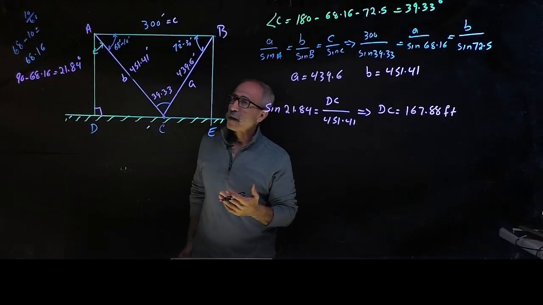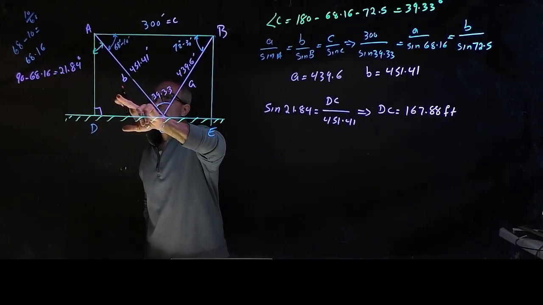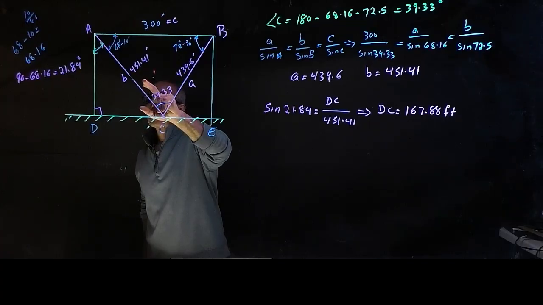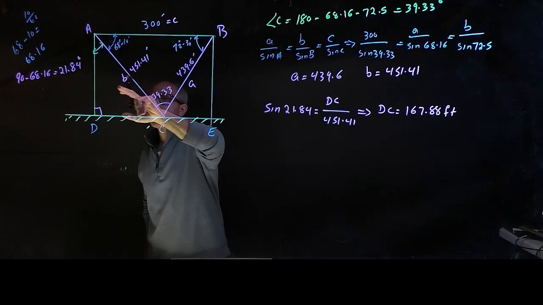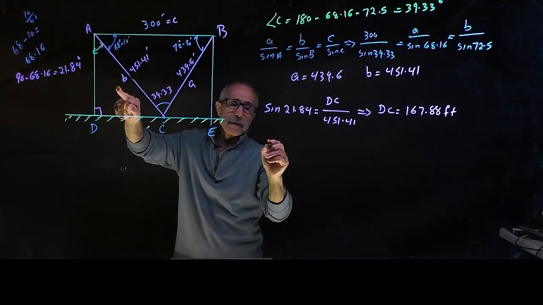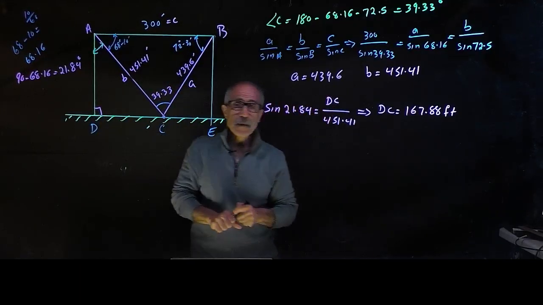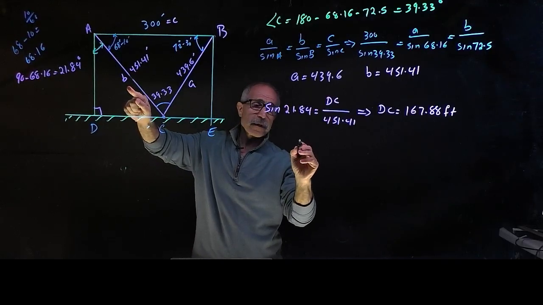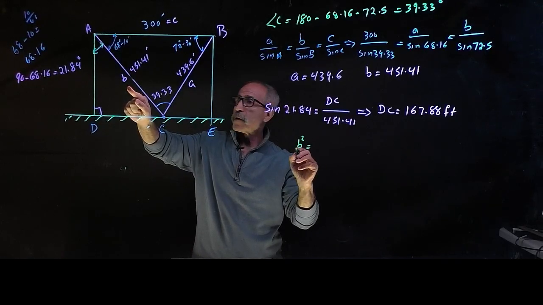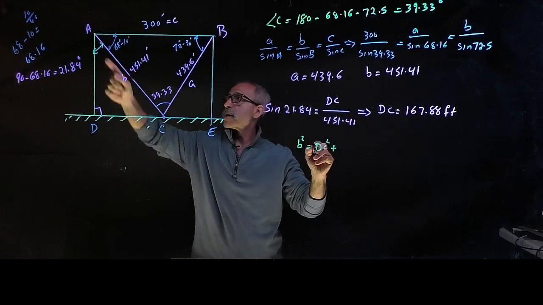Remember, we're going to look at the Pythagorean theorem. It said C squared is equal A squared plus B squared. In our case, this is a B squared. Let me change color for good luck. So I got B squared equal DC squared plus AD squared.